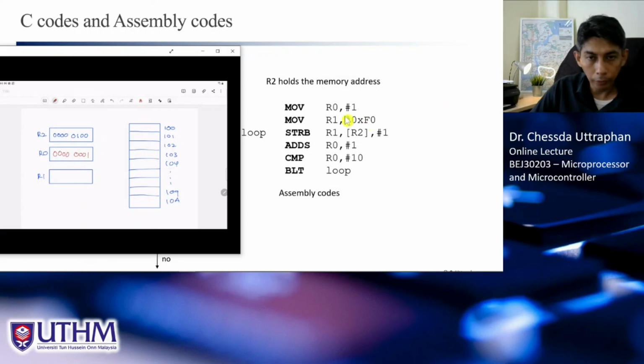And we move this value to R1, so our R1 has F0 after we execute this instruction.